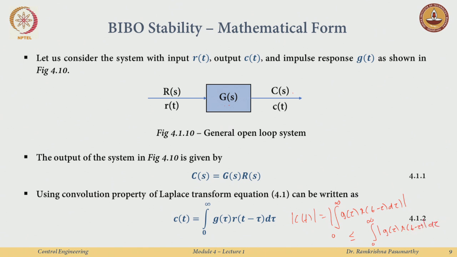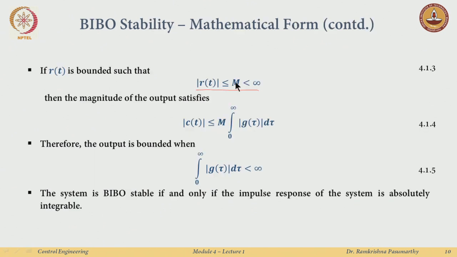Now, this R I know is bounded, and let me assume that it is bounded by some number m, and this absolute value of this output C of t then takes this form.